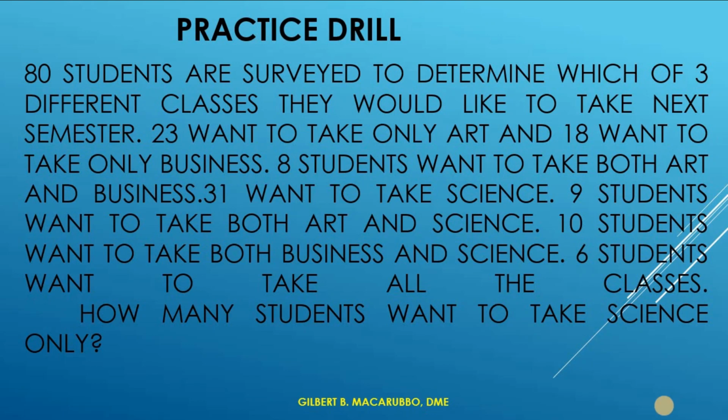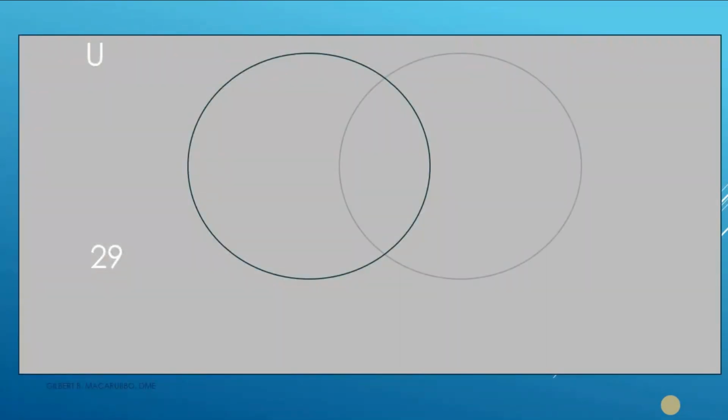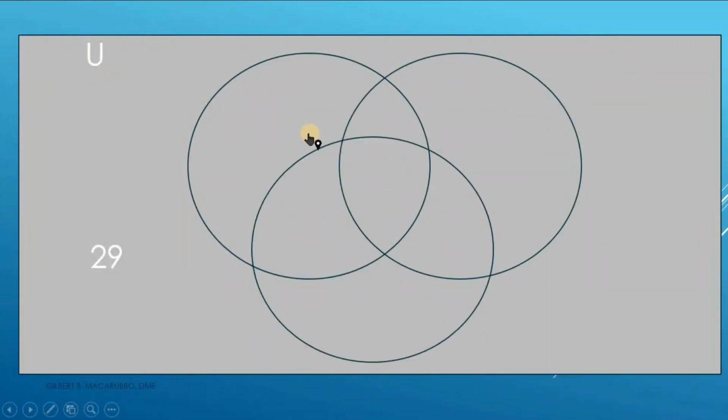Okay, so sa pamamagitan ng ating equation kanina, so sa pamamagitan nun, pwede nating isolve, pwede nating hanapin ang intersection ng tatlo or ng tatlong elements. So we have art, business, and science. Okay, so we have here the 3 circles.